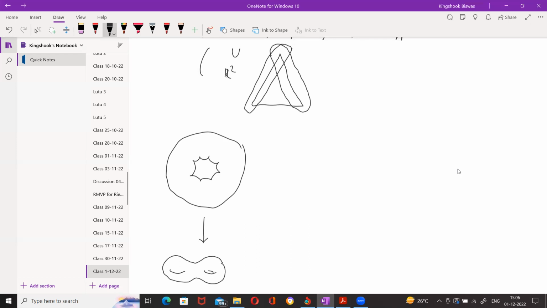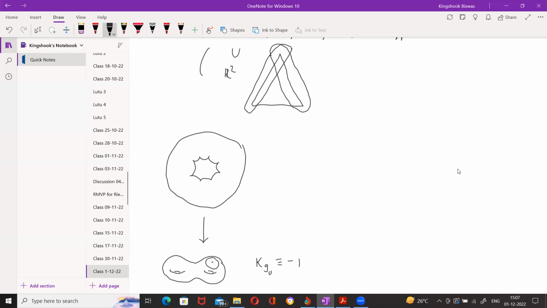And now what you do is, this genus 2 surface, this has, let's say, constant curvature -1. But what you can do is, you can deform the metric in a neighborhood of a point.